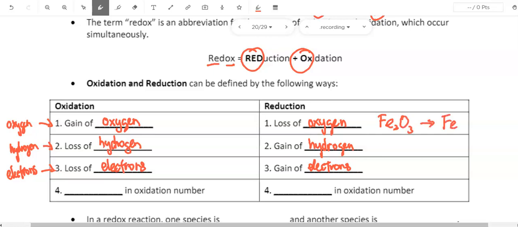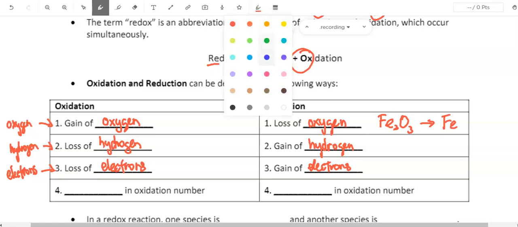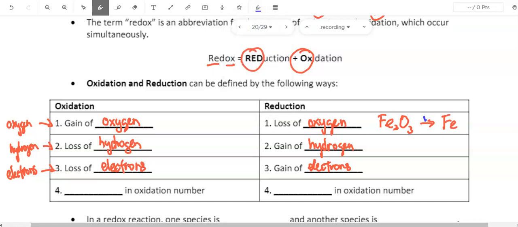Let's just look at the right. There's actually a loss of oxygen. How do you know? In Fe2O3 there's oxygen attached, but now there's no more oxygen. So a blast furnace reaction is a reduction reaction because there's a loss of oxygen.